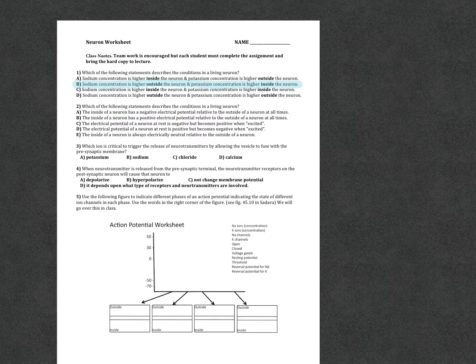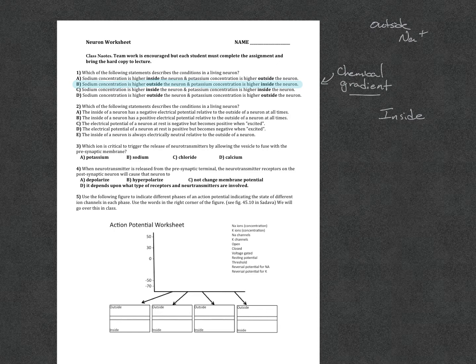Inside the neuron has a negative electrical potential. By the way, just to be clear, this is the chemical gradient, where you have sodium, this is outside, this is inside.